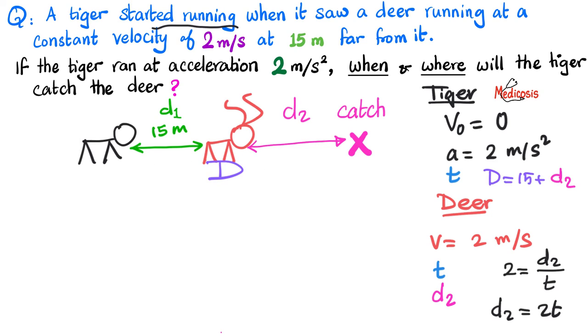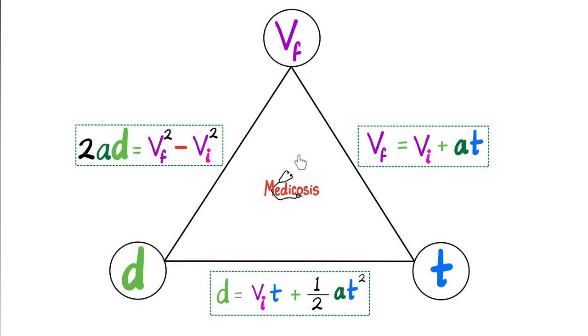So from the tiger's perspective, I know V0, I know the acceleration, I do not know T. So which equations should I use? If you have watched my previous video titled Equations of Motion, Kinematics in One Dimension, we have talked about these famous three equations before.